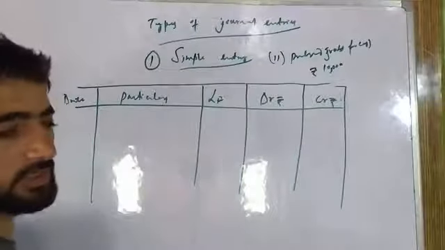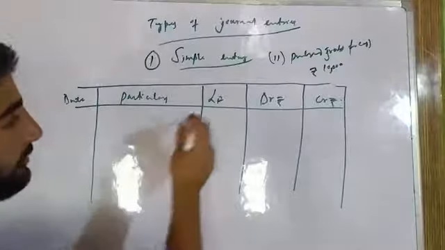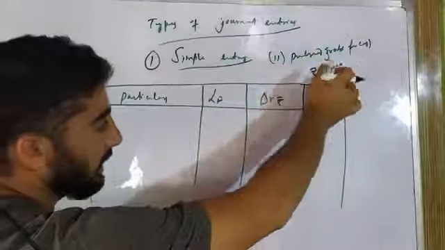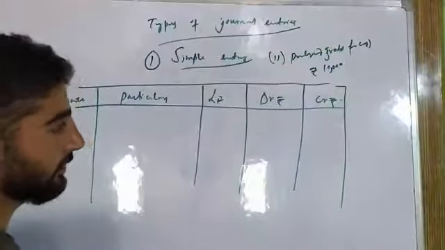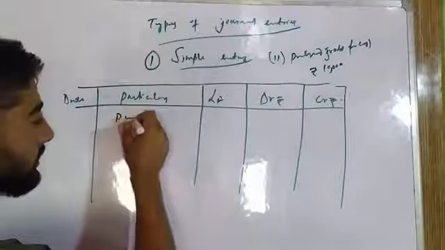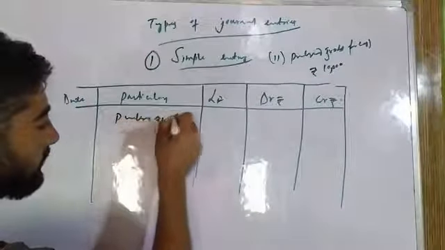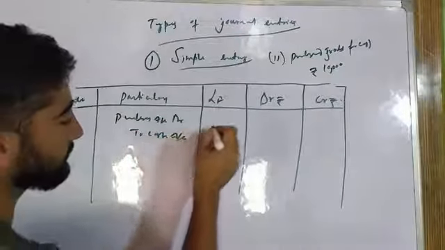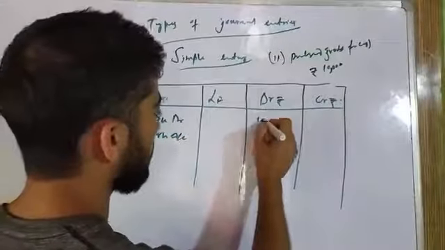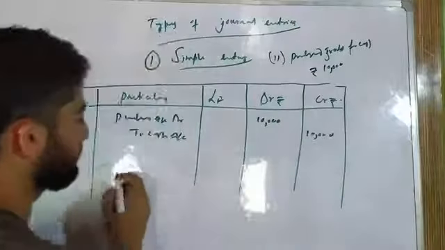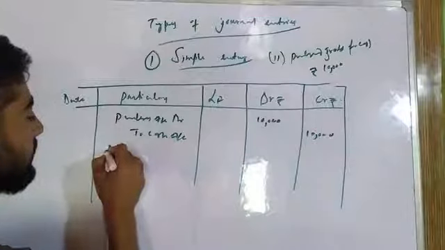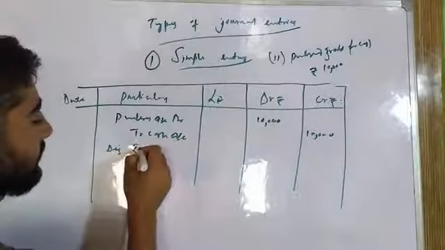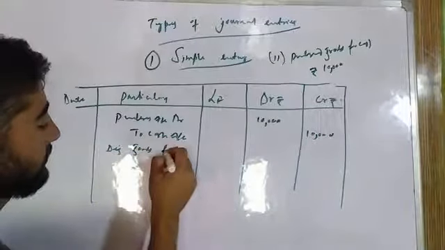Those two accounts are purchase account and cash account. We give debit to purchase account, credit to cash account, rupees 10,000, being goods purchased for cash.